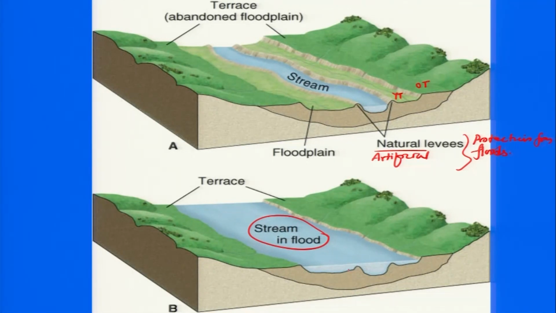If we understand that this region may get inundated in the near future, then one should avoid construction in such areas. That is what we can also call the active floodplains. These are very young terraces which can get inundated. So with an understanding of such landforms, one should go for urban planning.